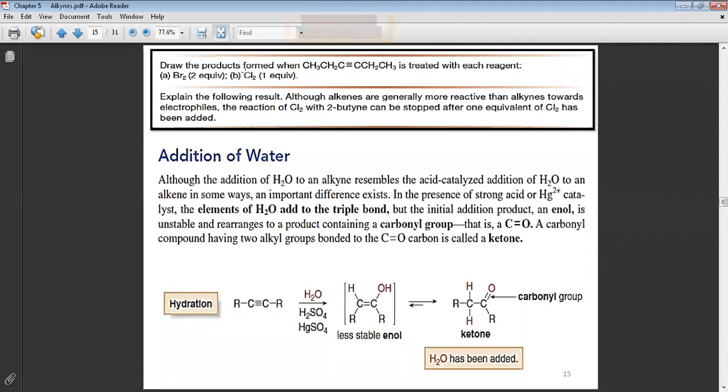And he said here, the second one, explain the following result. Alkenes are generally more reactive than alkynes toward the electrophile. The reaction of Cl2 with 2 can be stopped after 1 equivalent of Cl2 has been added.